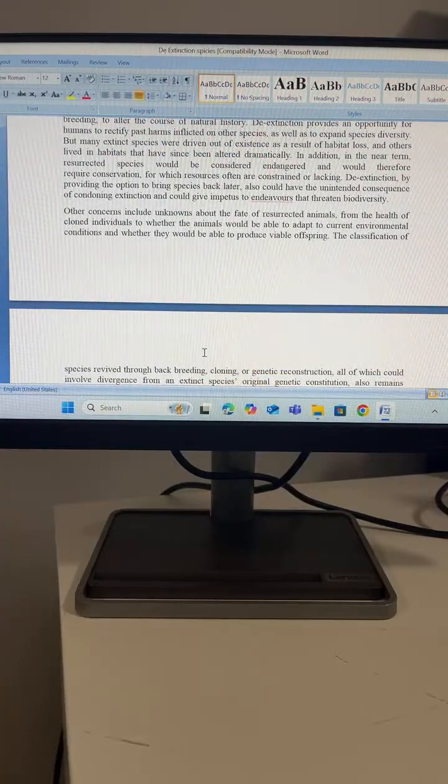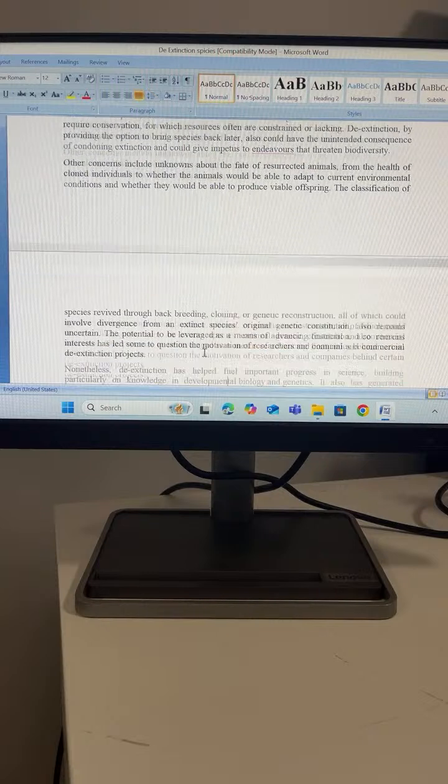Other concerns include unknowns about the fate of resurrected animals, from the health of cloned individuals to whether the animals would be able to adapt to current environmental conditions and whether they would be able to produce viable offspring.